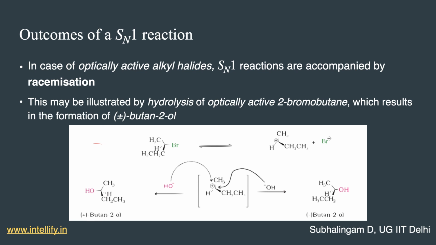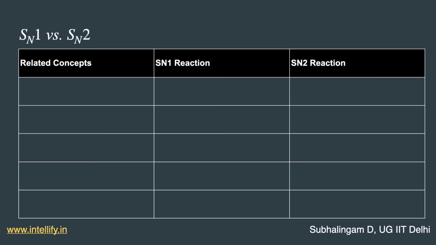We get a carbocation, it is planar, the attack happens from any side, we get inversion and retention of configuration, both of these in equal concentration, and hence we get a racemic mixture. I hope things are clear now. In SN1 we get a racemic mixture, in SN2 we get an inversion of configuration.